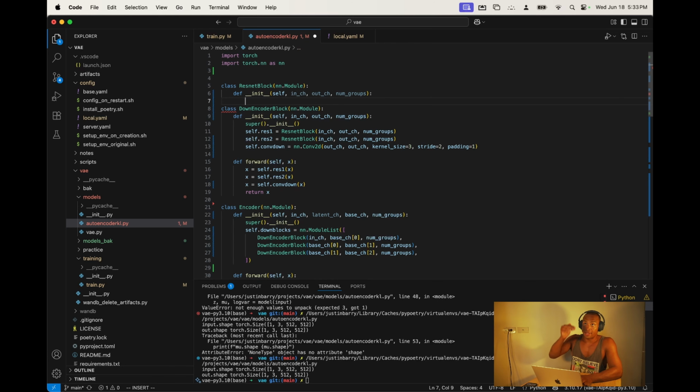Remember, ResNet is convolution, normalization, activation, convolution, normalization, activation. Add the skip: if the in channels and out channels are different, project the original tensor into the new space, and then add the convolved tensor to the original tensor and return it.